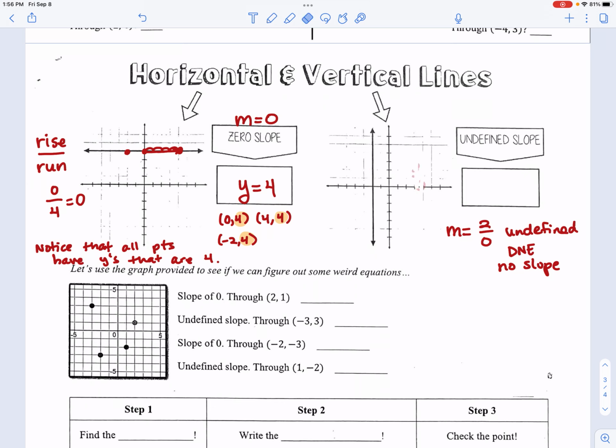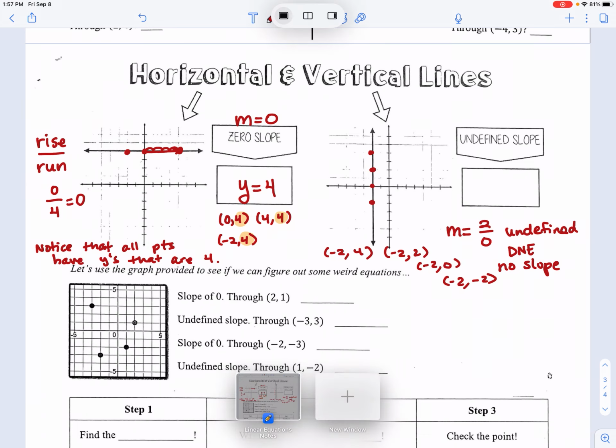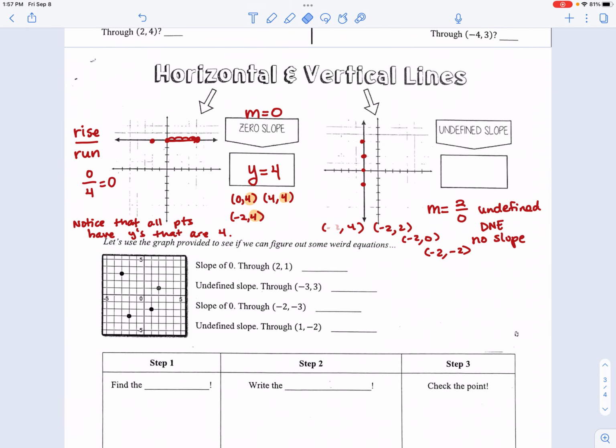So if we look and we pick a few points, these are the points: -2, 4; -2, 2; -2, 0; -2, -2. Here, the pattern is that my x's are all the same.